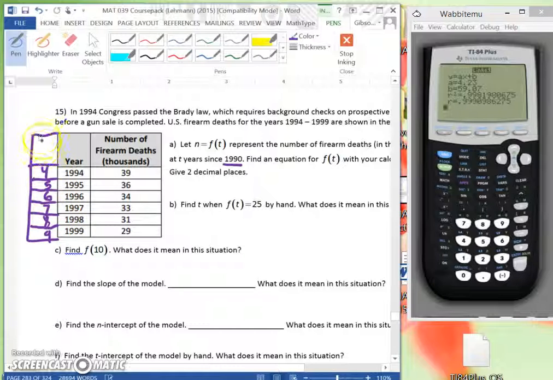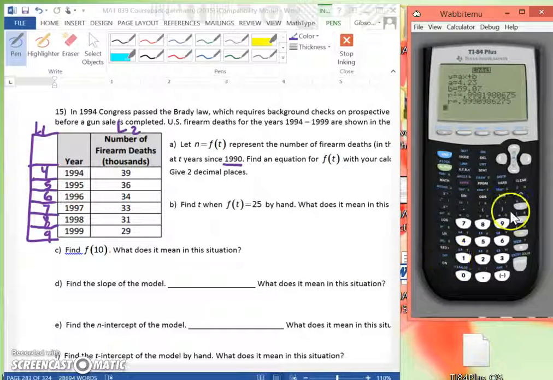So this reflects the new years, and this would be your L1, and of course this would be L2. Now they want us to get an equation from this. So we'll go back to our calculator. You can just clear out what you had before. Press Stat, then Enter. And then we'll clear out L2 and L1 like we did in the previous problem.